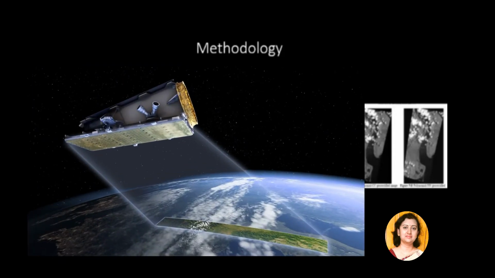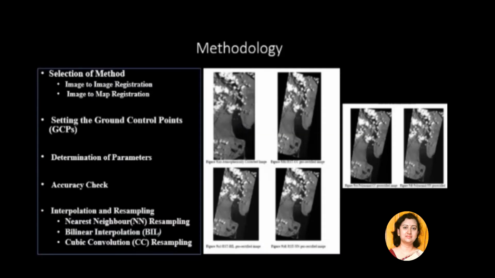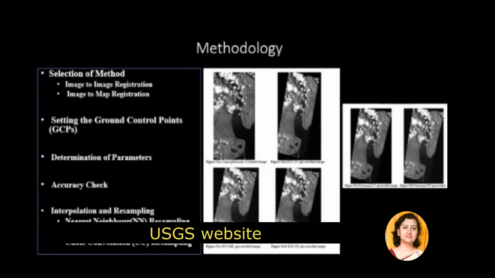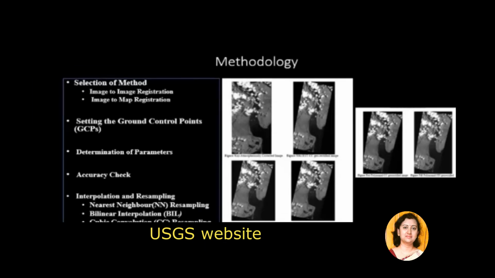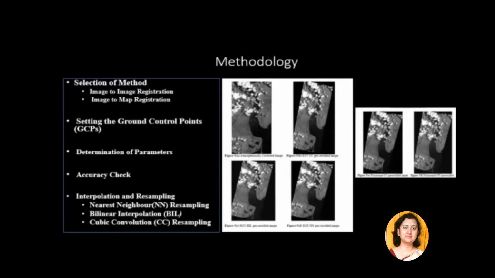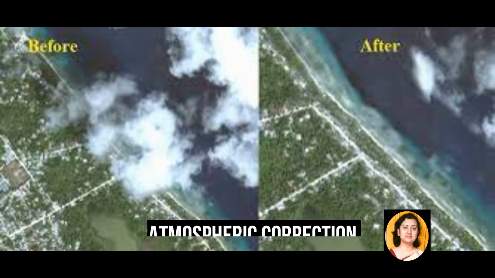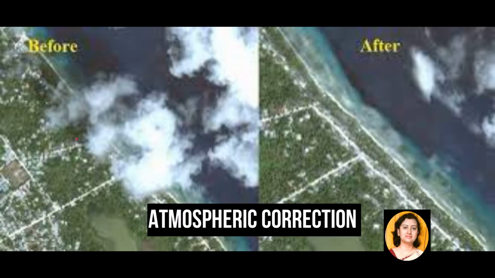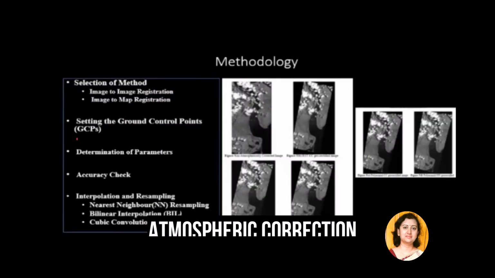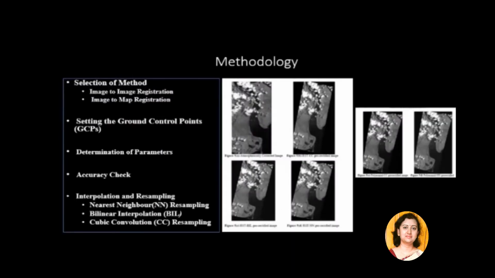If you want to download this hyperspectral data, you can download it from the USGS website in the way I have already demonstrated. Okay, so the first thing is you have the image, and then you atmospherically correct the image. After atmospheric correction, you have to do geometric correction.